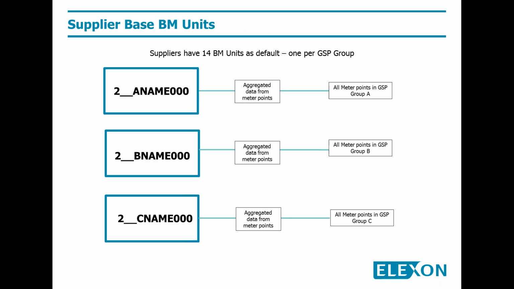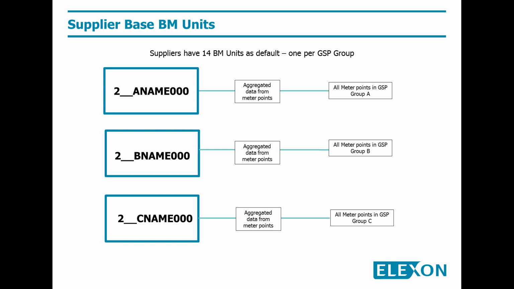On the supplier side, every supplier will receive 14 BM units as default, 1 for each GSP group. Now, these are characterized by beginning with the number 2. The fourth character of the BMU ID will have a letter, and that corresponds to the relevant GSP. So for example, down the bottom of this slide, we have 2__C.